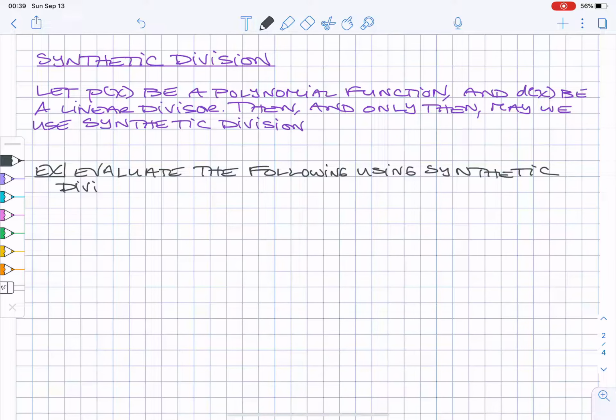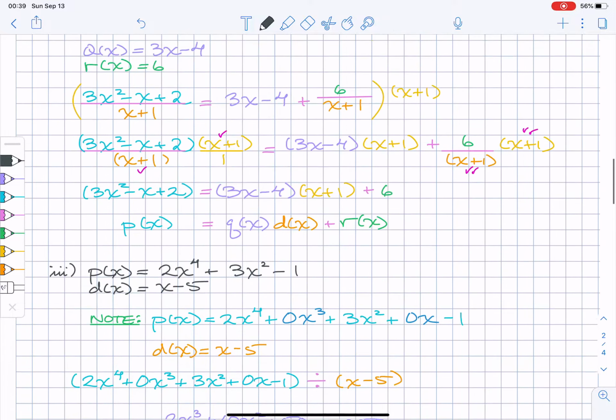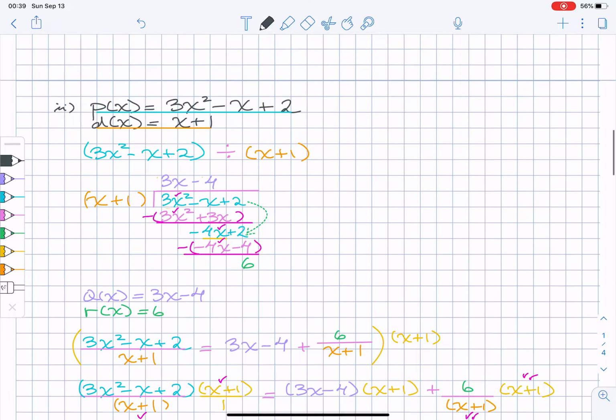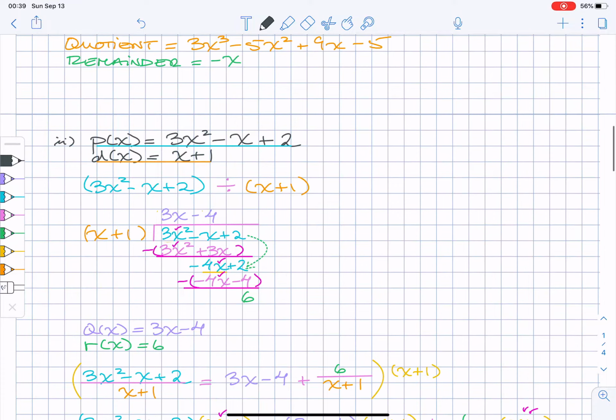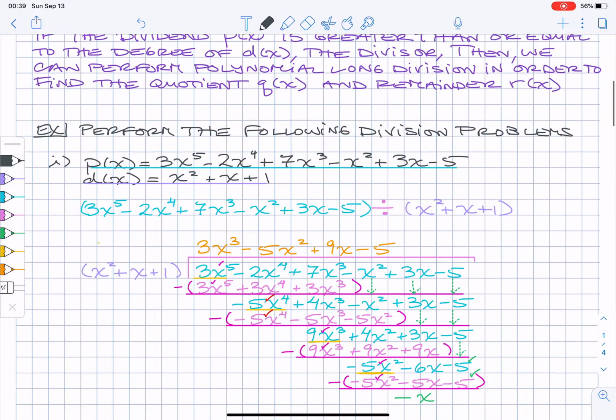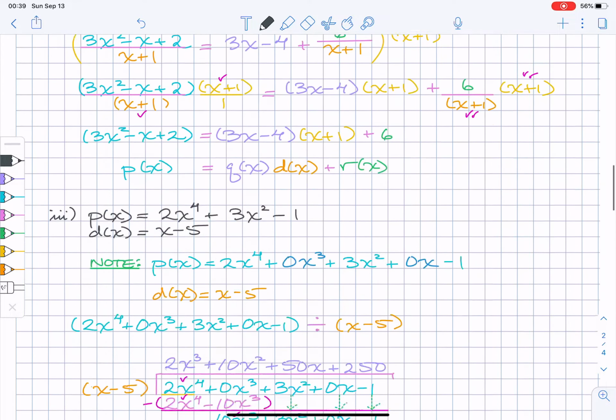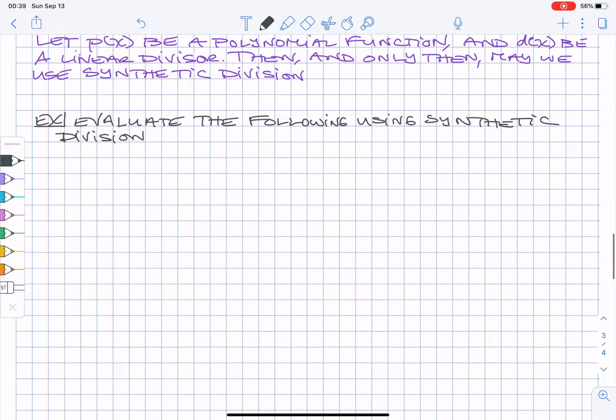I have two problems up here that have linear divisors, so I'm going to do them again. Okay, so number one.